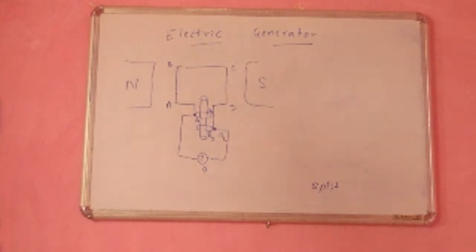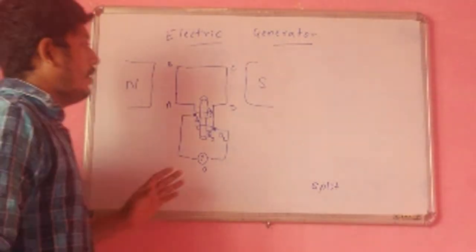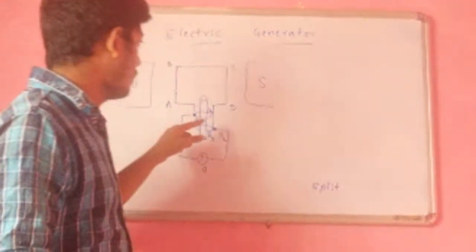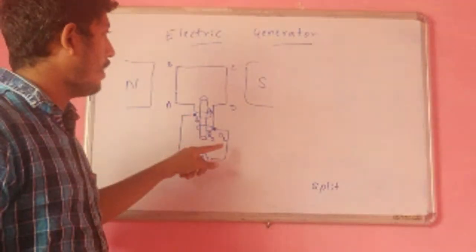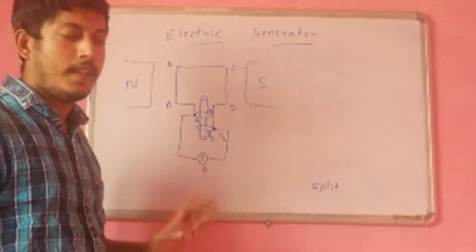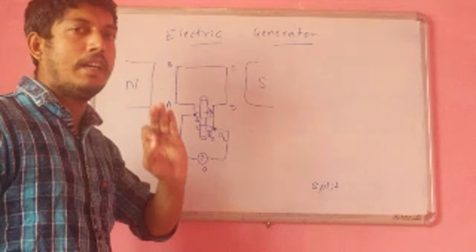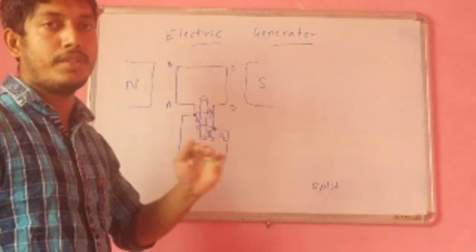The next one. Here, this is R1 and the second ring is R2, first brush is P1 and second brush is P2, and the principle involved is it converts mechanical energy into electrical energy.